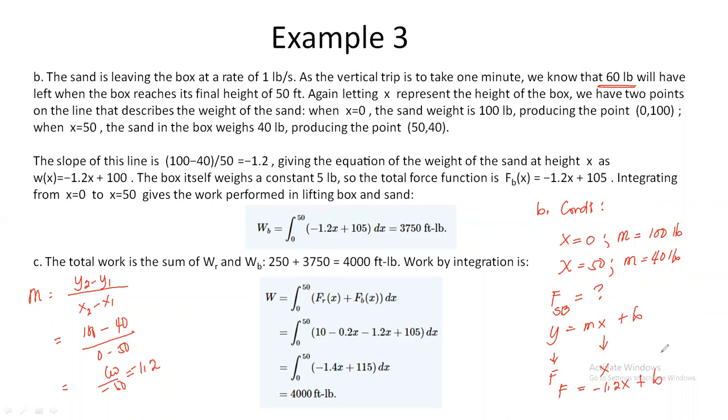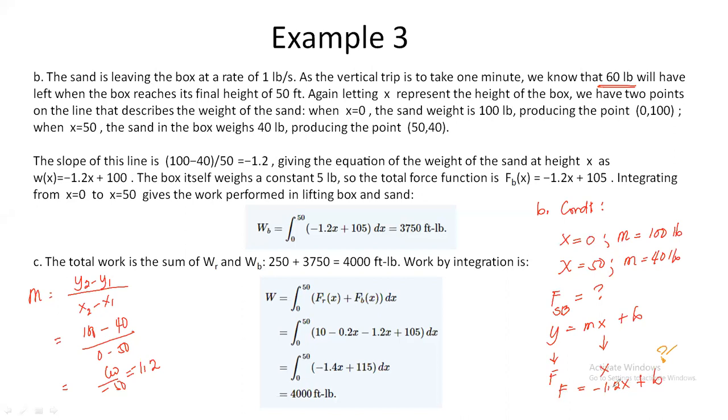Now, question. What is this B? Remember that when your displacement is 0, you know that the mass of the sand inside the box is 100. So it follows that this F would also be 100 when x is equal to 0.